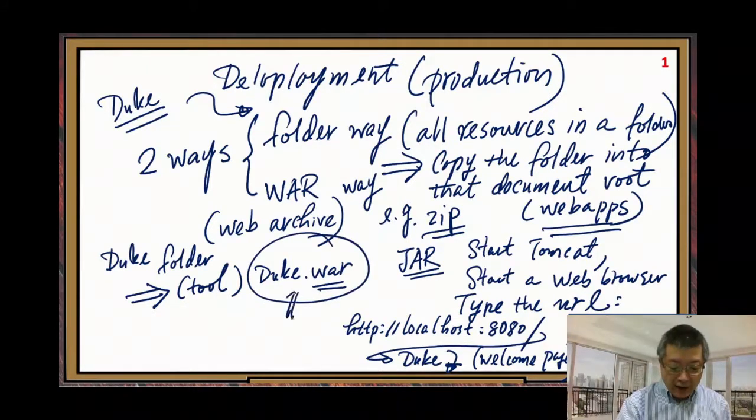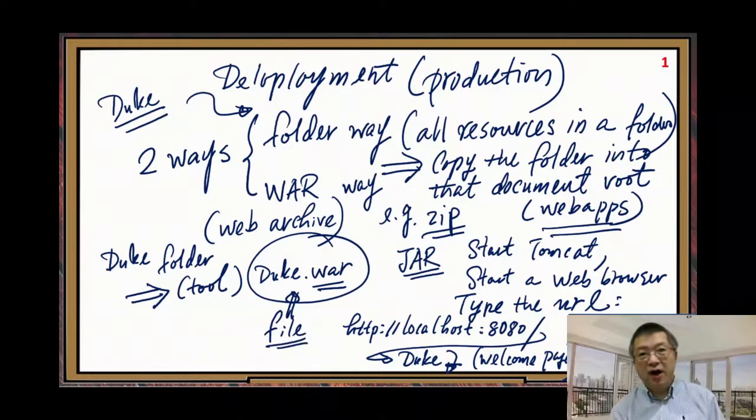So now this is a file. If this is a file, you can send it by email, right? Because you can send a file from different locations. If it's a folder, you cannot.